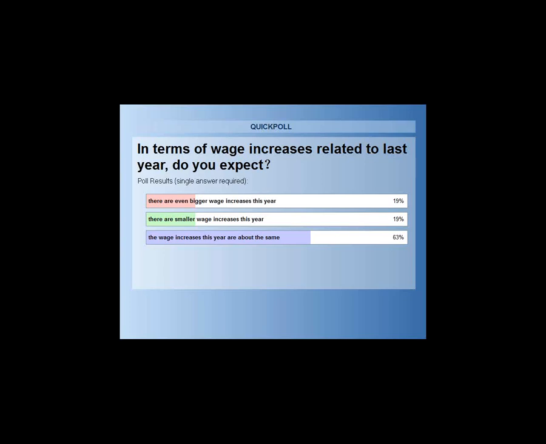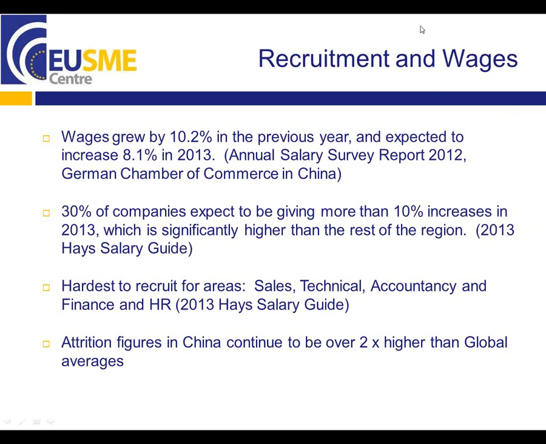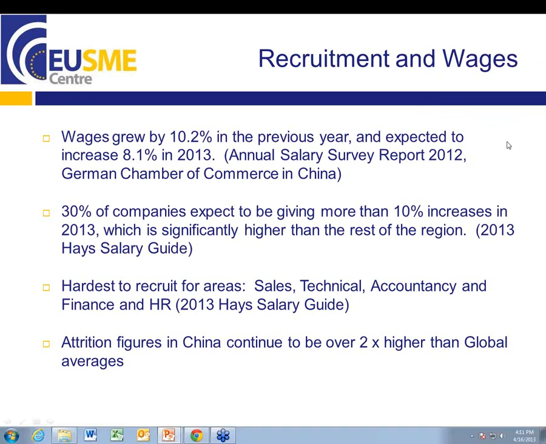According to the German Chamber of Commerce's 2012 annual salary survey, wages grew by 10.2% in the previous year, and they're expected to increase by 8.1%. So a slight slowdown. That is also the same view that we see in the Hays salary guide, which just came out last month, where 30% of companies expect to be giving more than 10% increases in 2013, which is significantly higher for the region.